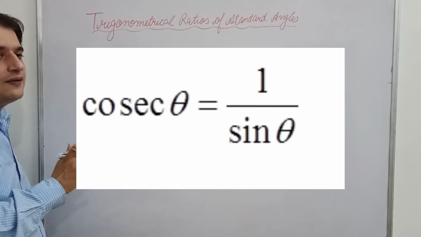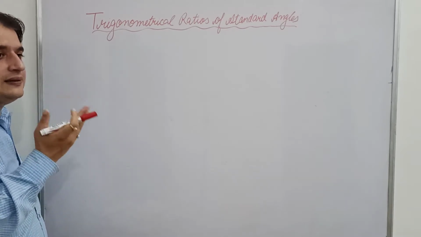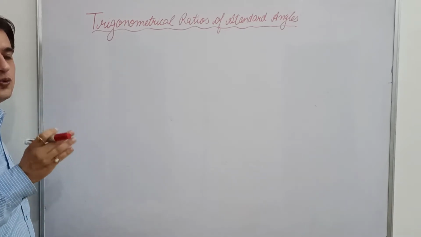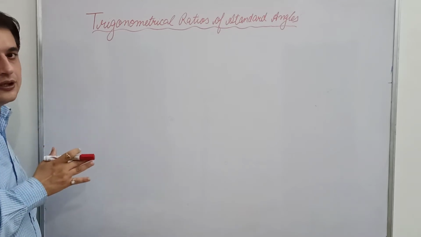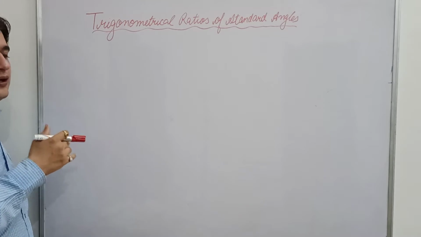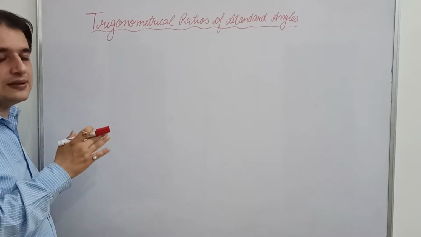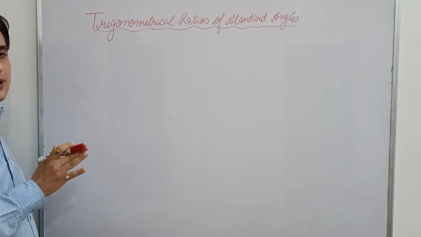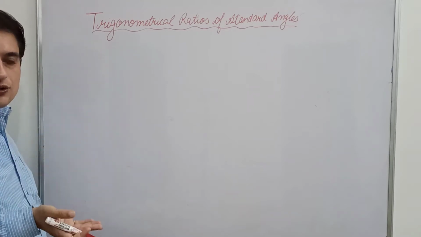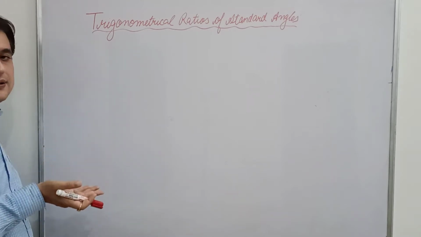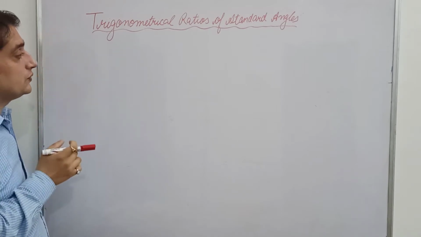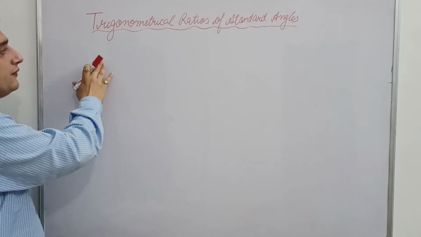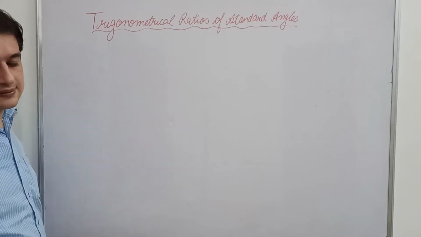In those questions, two sides or three sides were given, and we found the values of T ratios very easily. If two sides are given, we find the third side with the help of the Pythagoras theorem. If one of the T ratios is given, then we can easily find the remaining T ratios from that given value, right? But here we will define the T ratios of standard angles, right?